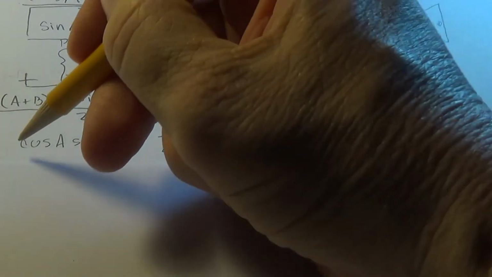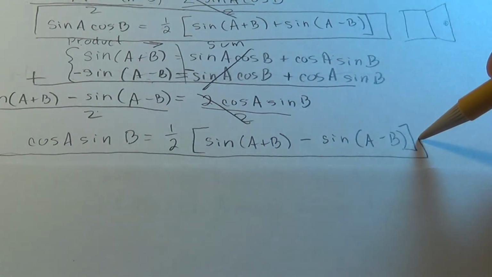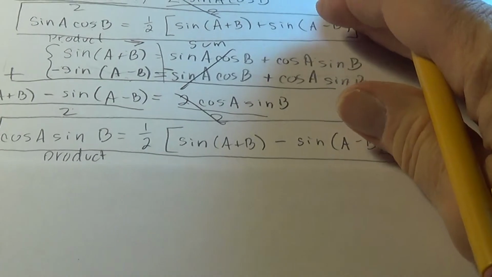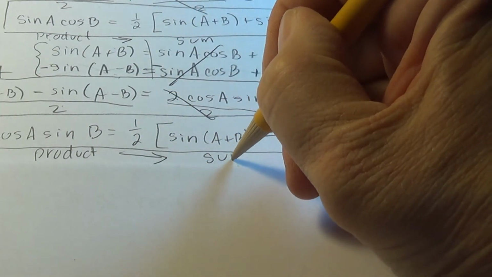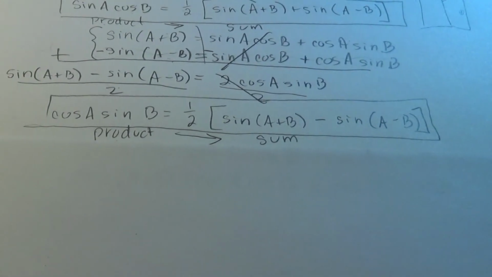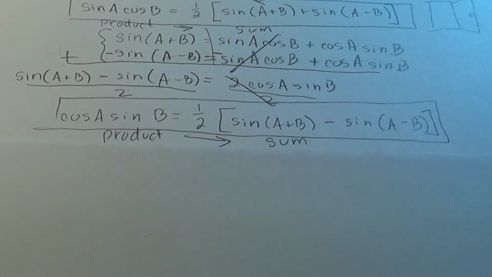So here we have another product to sum. This is a product. Cover up what's below it. This is a product, and it's changing it to a sum, which is very helpful at different times in your future math life, should you have one.